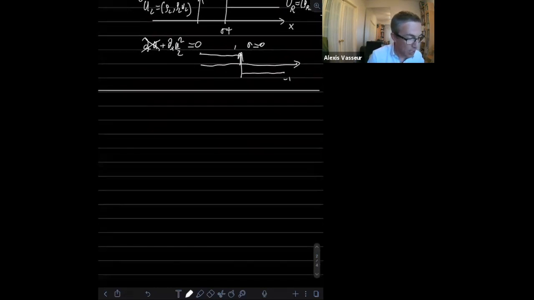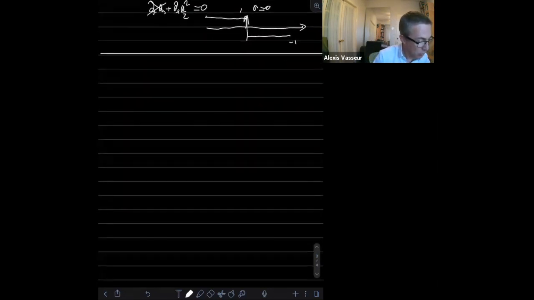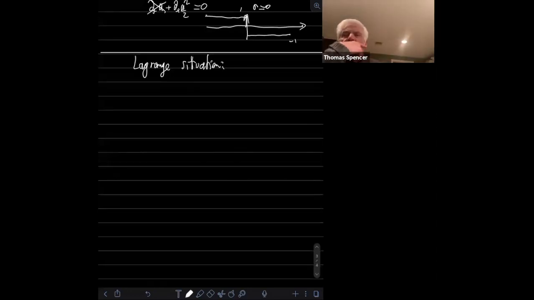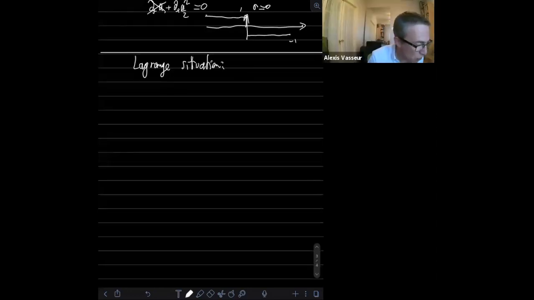So maybe I should put here: now we consider Navier-Stokes. Actually, in this situation, we look at the Lagrange situation. I don't know if you want the equation. I can give it. It's not that complicated. If you look at the Lagrange frame, then actually this is a p-system, so it's even simpler.